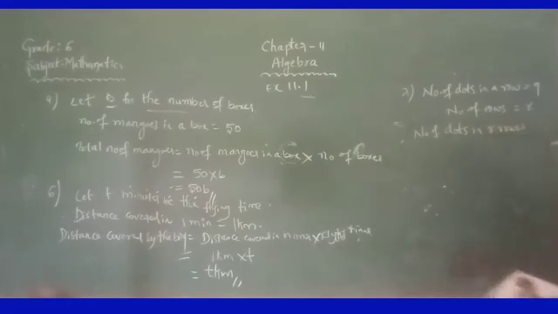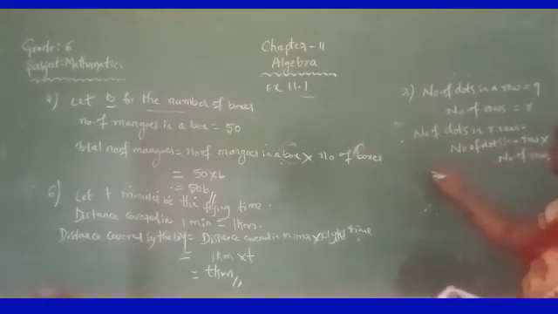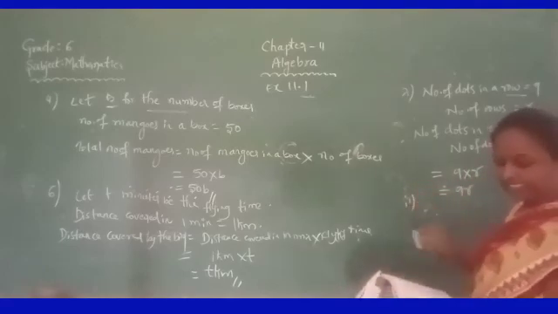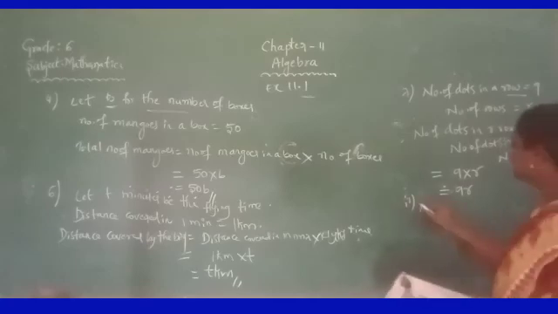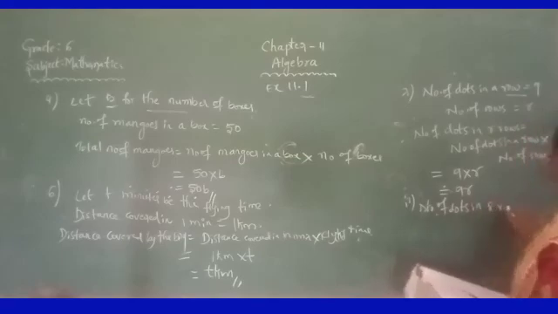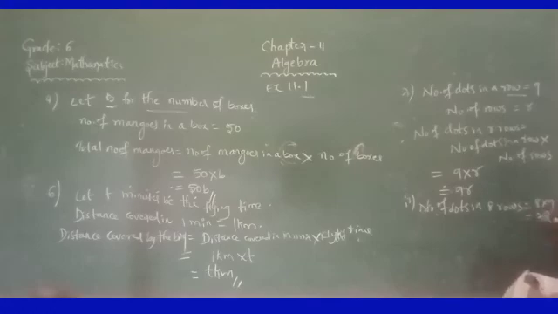R rows means number of dots in a row into number of rows. Number of dots in a row 9, number of rows R, then total 9R. Similarly, number of dots in 8 rows: 8 rows means 8 into 9. Total 8 nines are 72 dots.